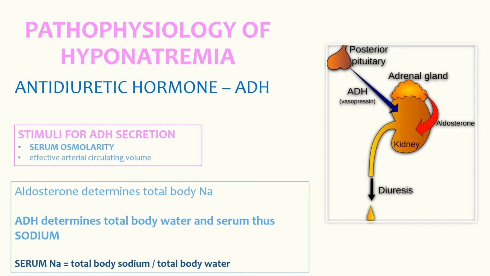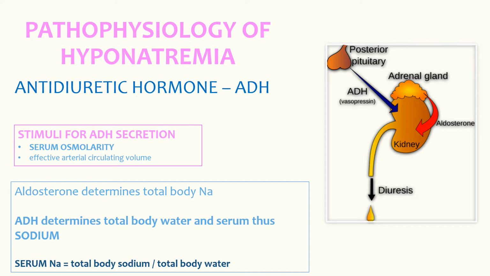Now aldosterone plays a small role because aldosterone is responsible for absorption of sodium. ADH only absorbs water. So in certain states, aldosterone absorbs more sodium than required, and the absorbed sodium regulates the osmolarity of the serum. But the final call is taken by the ADH hormone secretion.